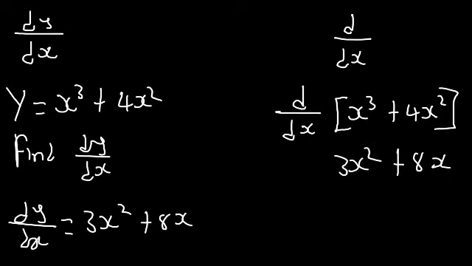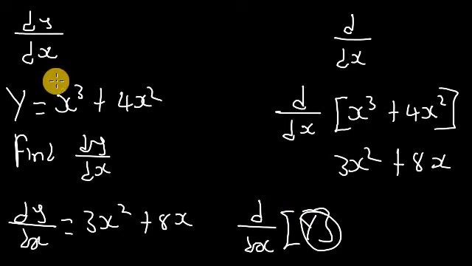So we can actually combine those functions together. How can we do that? What if I have d/dx and then y within the bracket? What does this tell me? It's a command which tells me to differentiate what I have within the bracket with respect to x, which implies that I'm just going to replace y with this.